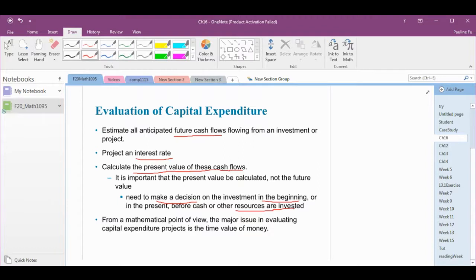From a mathematical point of view, to evaluate the capital expenditure, it is all about the time value of money, meaning interest. $1 today is different from $1 yesterday or $1 tomorrow.